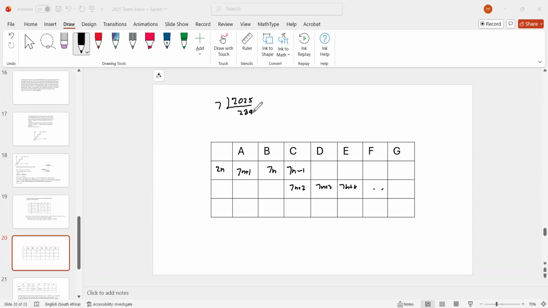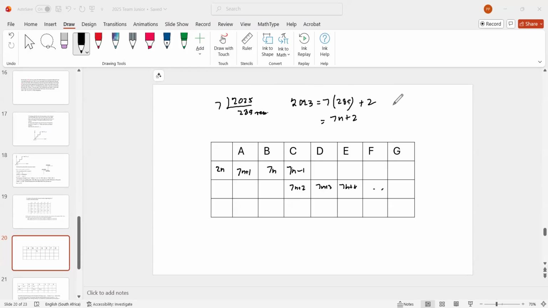Now, we noticed that 2025, when you divide it by 7, you got 289, remainder 2, which means that 2025 is actually equal to 7 times 289 plus 2. And the remainder is 2. So if I subtract 2 from that, I'll have 7 times 289. Now this is of the form 7n plus 2.